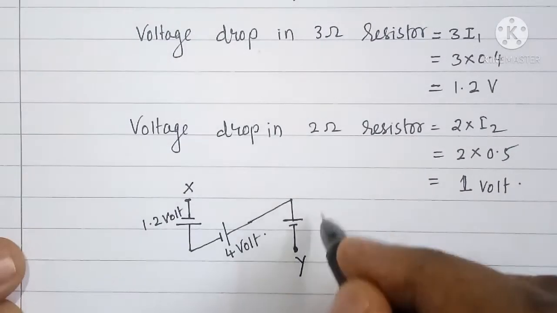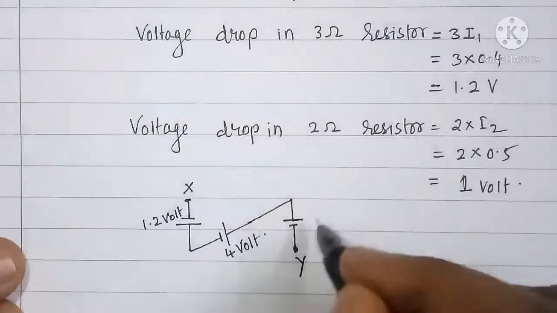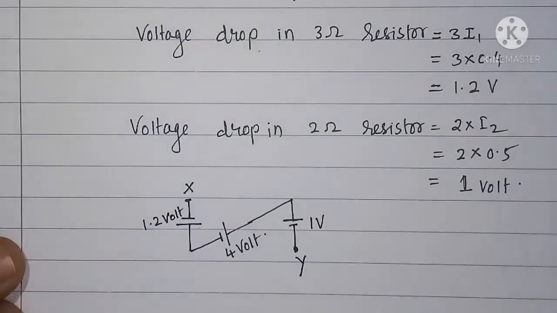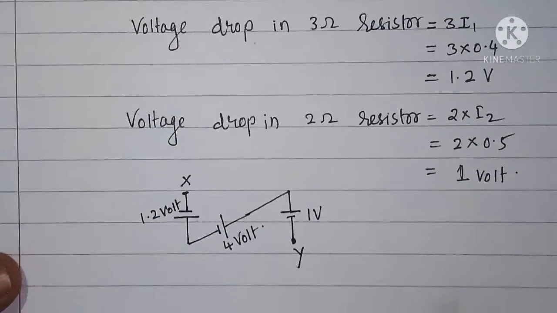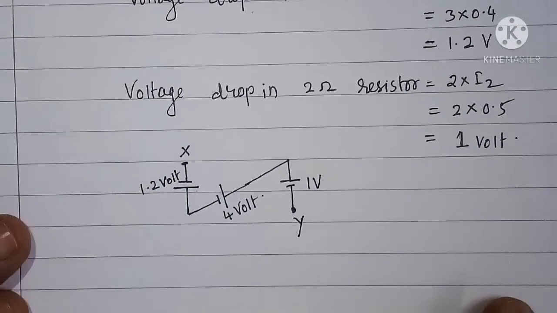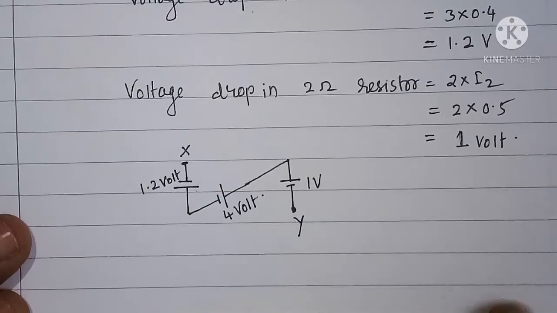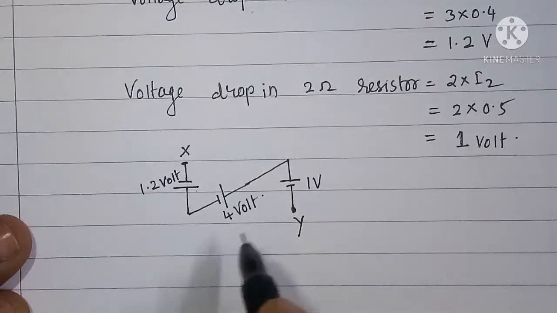This is Y here, and the drop in the 2 ohm resistor is 1 volt. Now we will stretch this part of the circuit XY to make it straight.